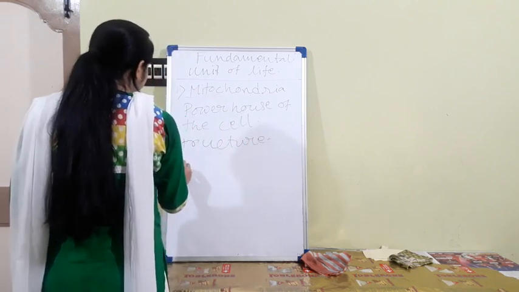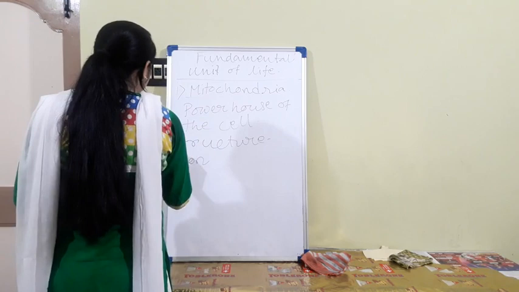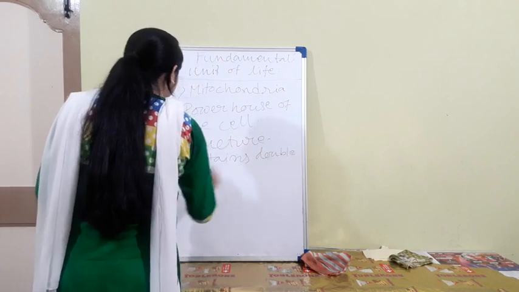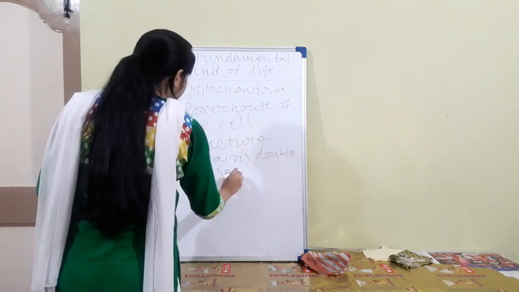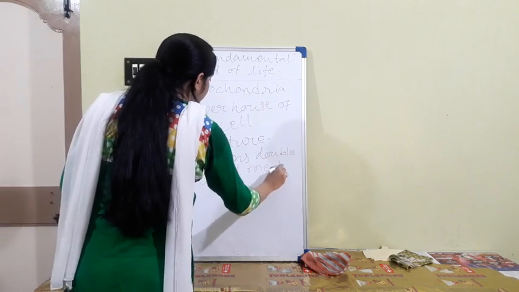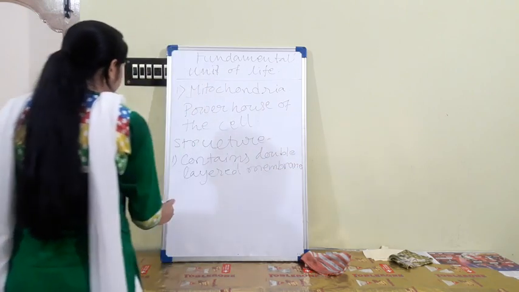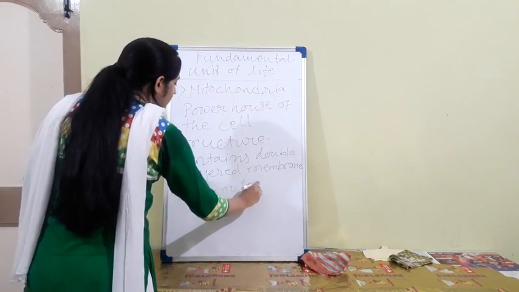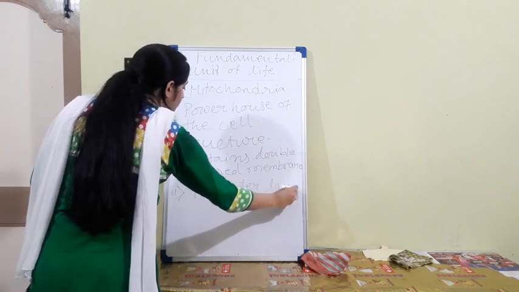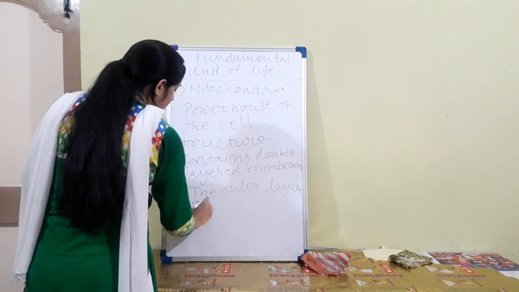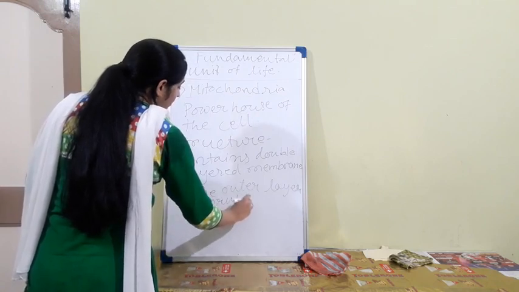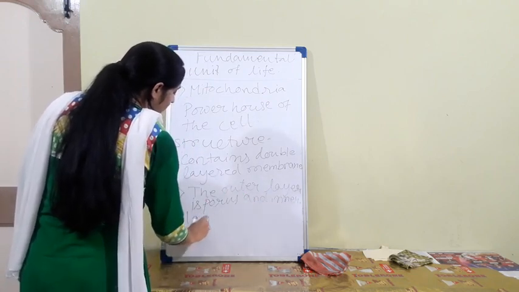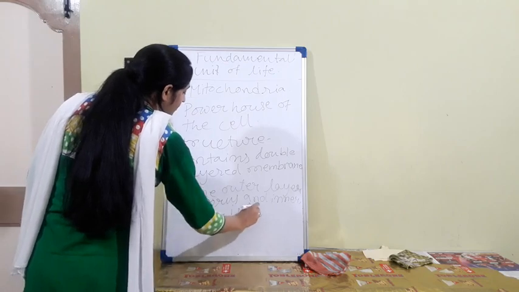Mitochondria contain a double layered membrane. The outer layer is porous and the inner layer is folded.